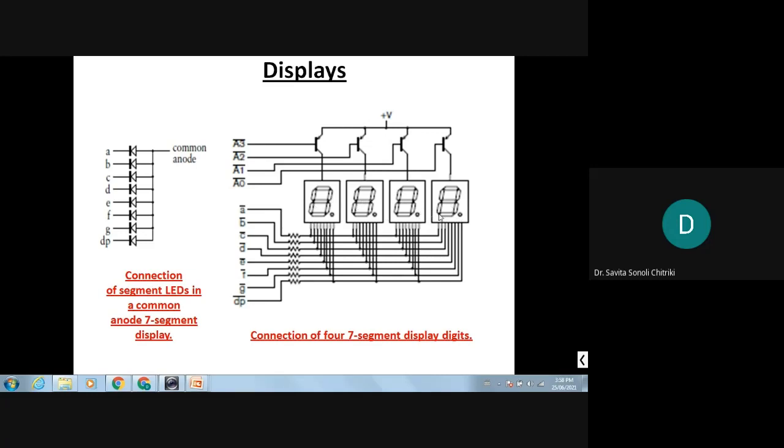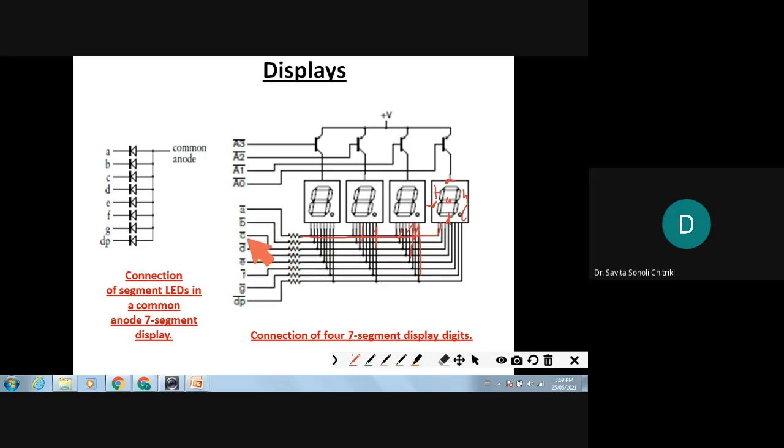Again in a 7-segment display, each segment has one LED. So this is A, B, C, D, E, F and G, and you have the parallel connection to each, right? Depending on that, we are going to send the data here.